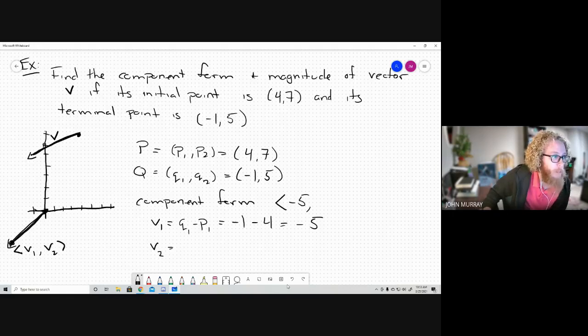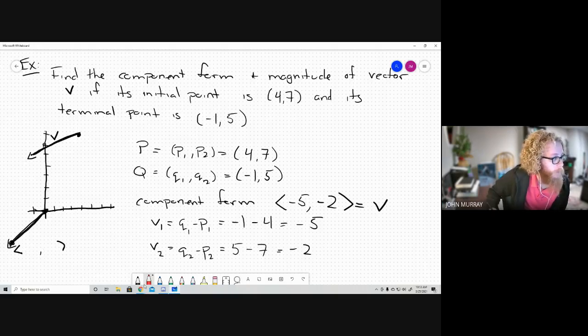My v2 is the difference in my second coordinates, Q2 minus P2: 5 minus 7, which is -2. All right, so if I plotted these points down here, now I have (-5, -2). And this was just a sketch, so this isn't accurate.